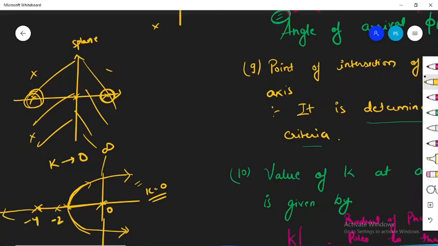Thus the system was stable at first, but as k tends to infinity, the pole at -4 moved towards negative infinity, but these two poles, that is at 0 and -2, they went to the right side of the S plane. Thus the system became unstable.